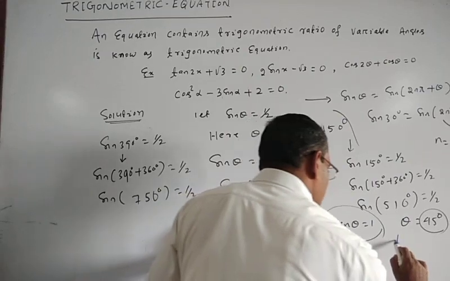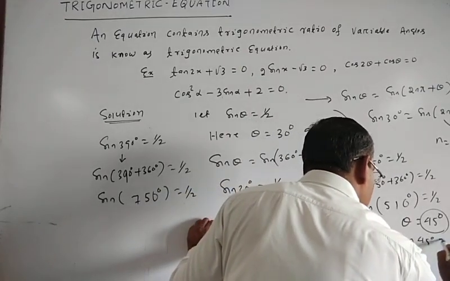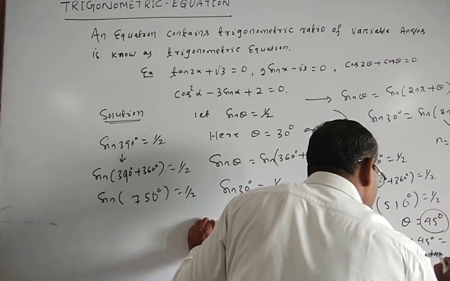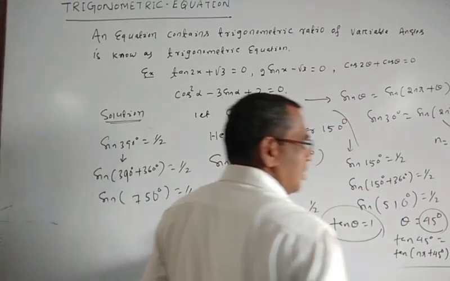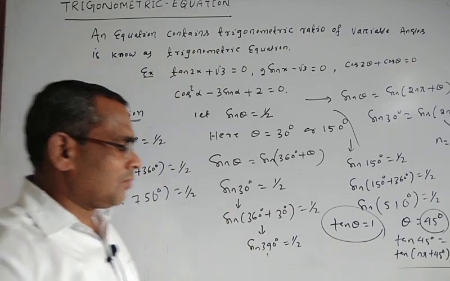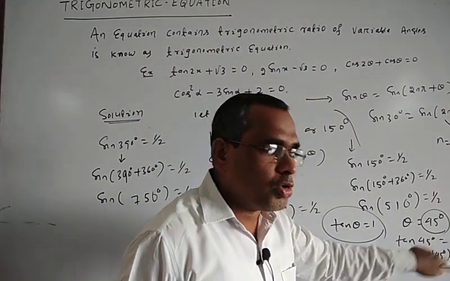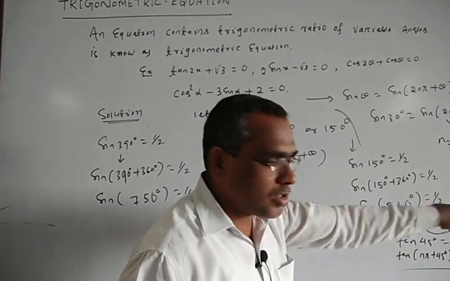That means tan of 45 degree is equal to 1. Tan of n pi plus 45 degree is also 1. For n is equal to 0, it will be 45 degree. For n is equal to 1, pi plus 45 degree, 1. 2 pi plus 45, 1. 3 pi plus 45, 1.